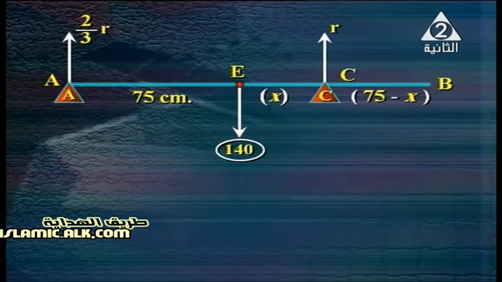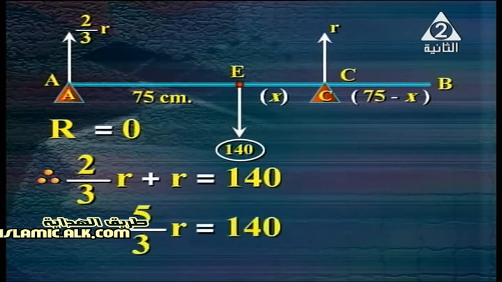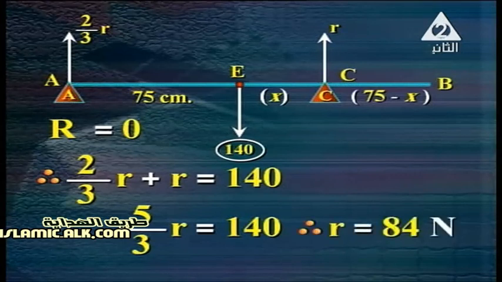Remember, dear student, we form the equation of equilibrium: 2/3 R plus R equals 140. To find the value of R, 5/3 R equals 140. Multiply by 3/5 on each side. Therefore, R equals 84 Newton.